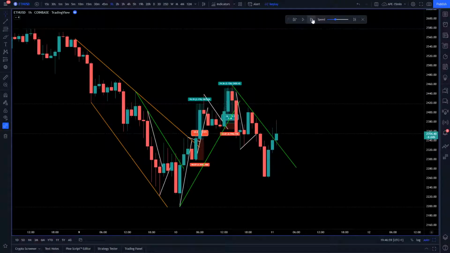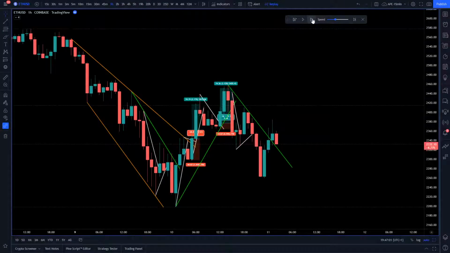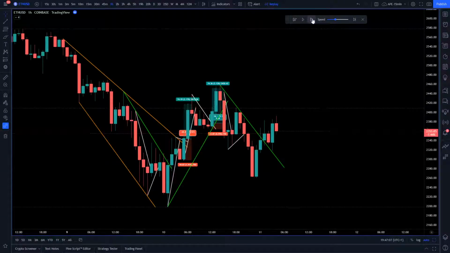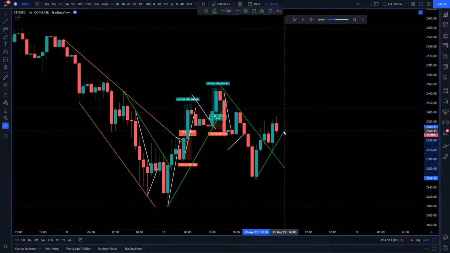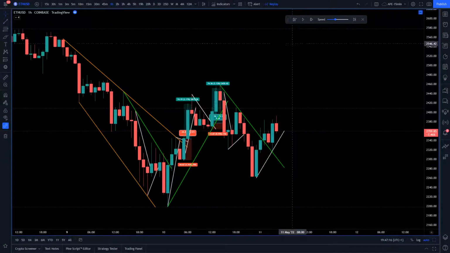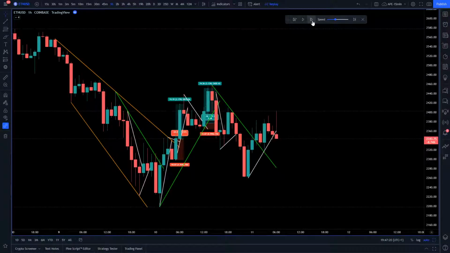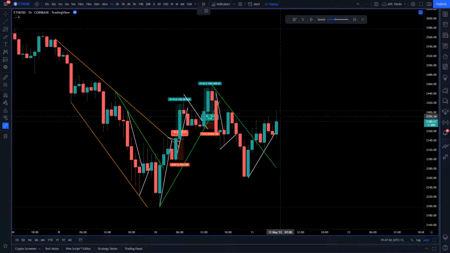So let's wait for a good entry. Went up, went up. Now we have a white line formed. A white line breakdown. Looks like time for entry, but not yet.